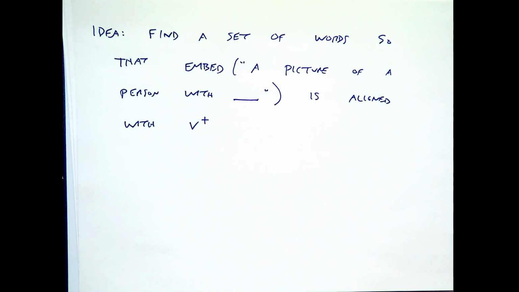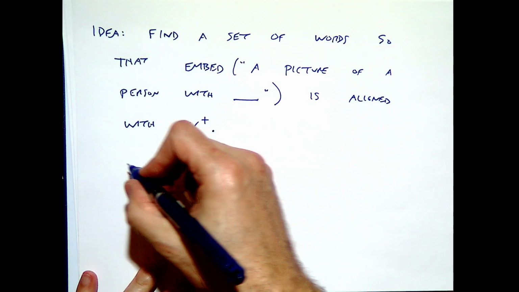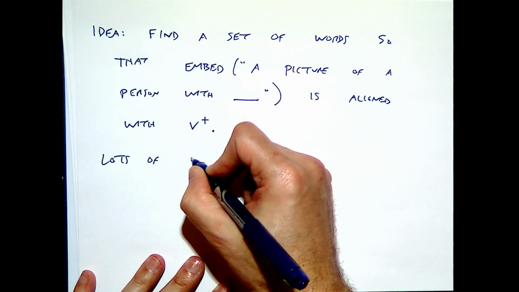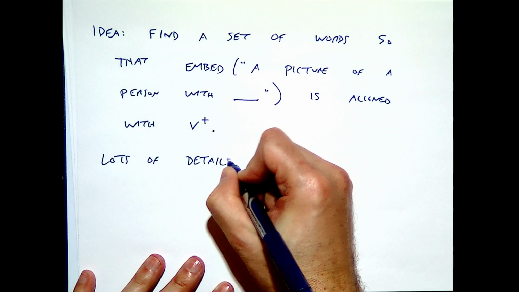So there are a lot of steps to make this work, right? Searching in word space is a little bit complicated, right? So there are lots of details to make this work.